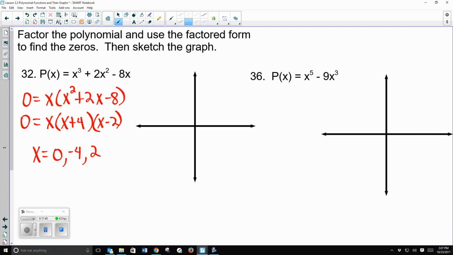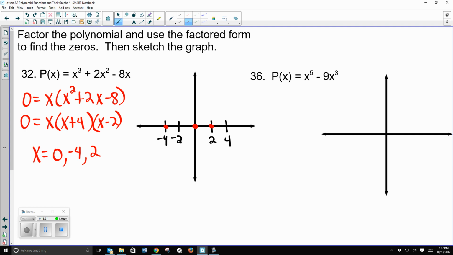Okay. This is where my graph crosses the x-axis. So I'm going to plot points at 0, negative 4, and positive 2.